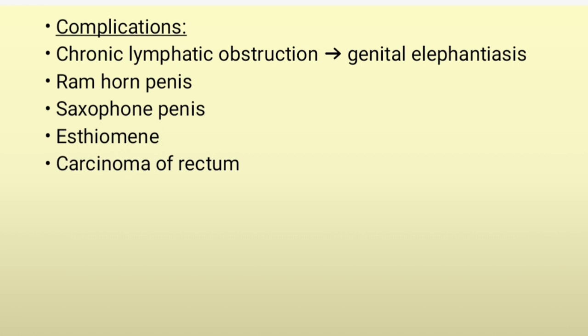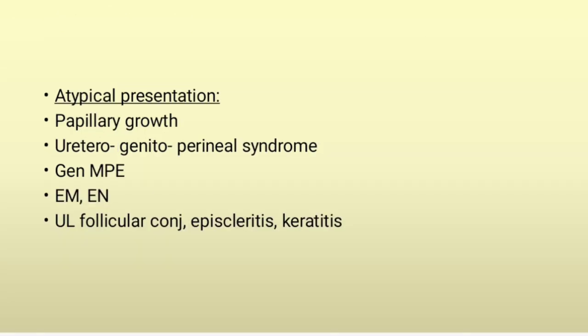Complications include genital elephantiasis in males giving rise to ram's horn penis or saxophone penis. In the female counterpart, it is known as esthiomene. And rarely it can also develop carcinoma of the rectum. Atypical presentations of LGV are: oculoglandular Parinaud syndrome, urethrogenitoperineal syndrome, generalized maculopapular eruption, erythema multiforme, erythema nodosum, unilateral follicular conjunctivitis, episcleritis or keratitis.